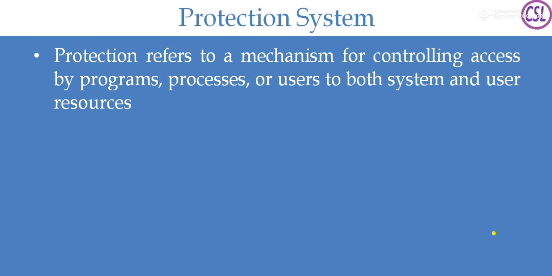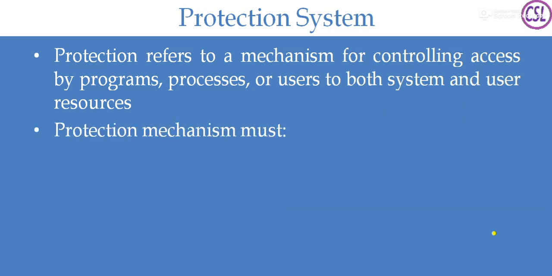And different processes are communicating and executing. So if there are no protection mechanisms, any user can access any user's important data. For that reason, protection takes an important role.